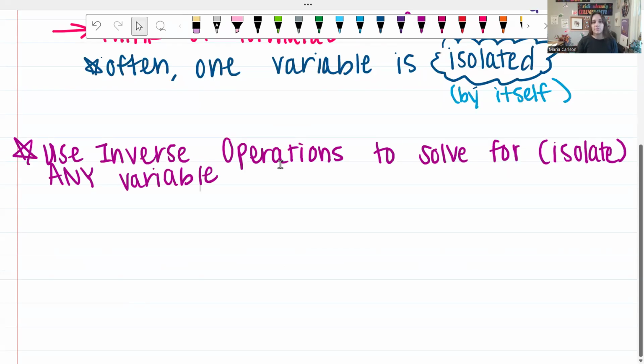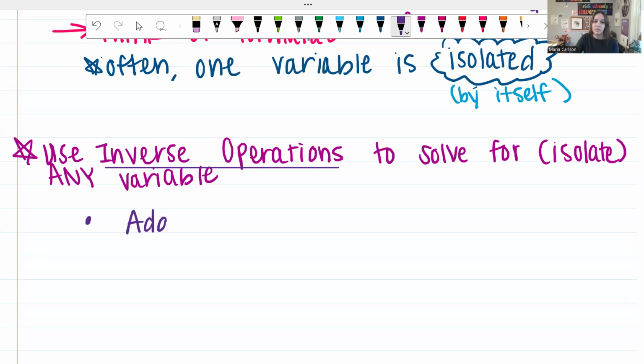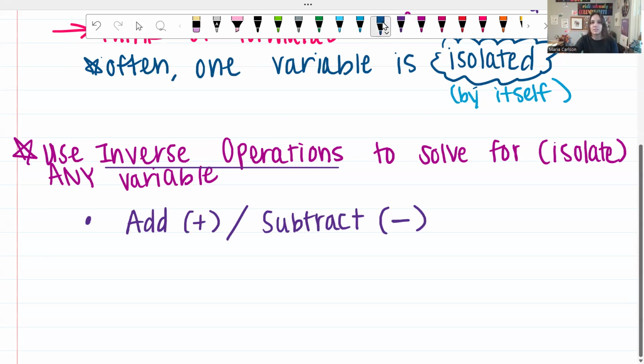So what are the inverse operations? Hopefully, these are starting to become more and more familiar. First set: if you see something being added to one side of the equation, you can undo it by subtracting, or if you see something being subtracted, you can undo it by adding. These two are a set of opposites.